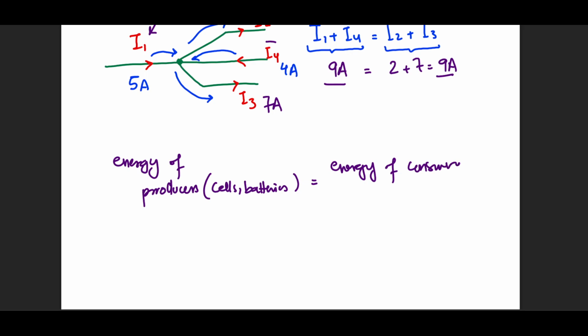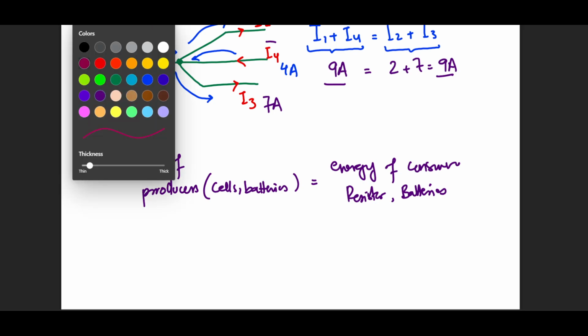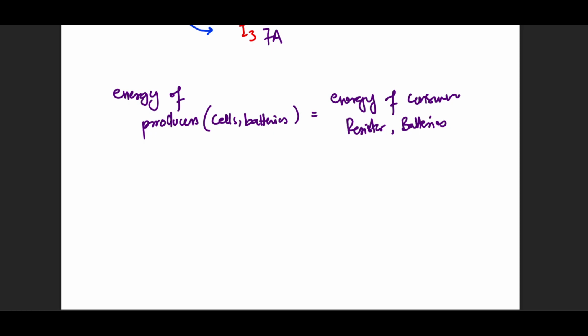Who are the consumers? There are two types. The first one is the resistor or reverse connected batteries, right? So cells and batteries can also be consumers if they're connected the other way around. Let's look at that example, what I'm trying to say. But simply put, producers equal consumers.